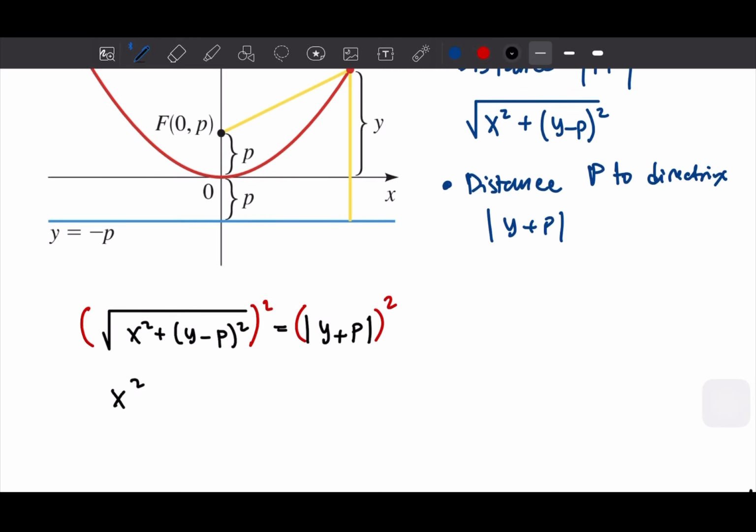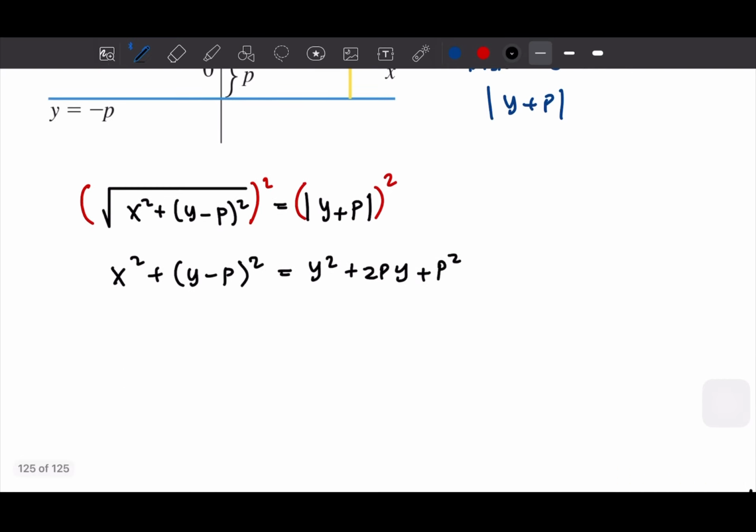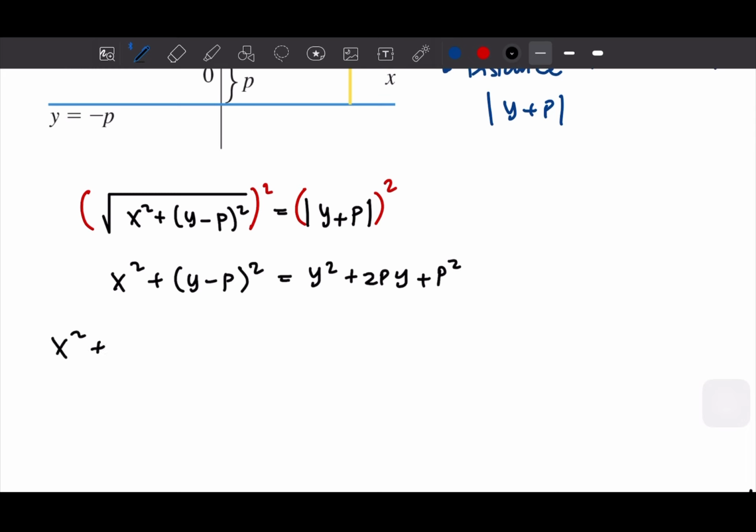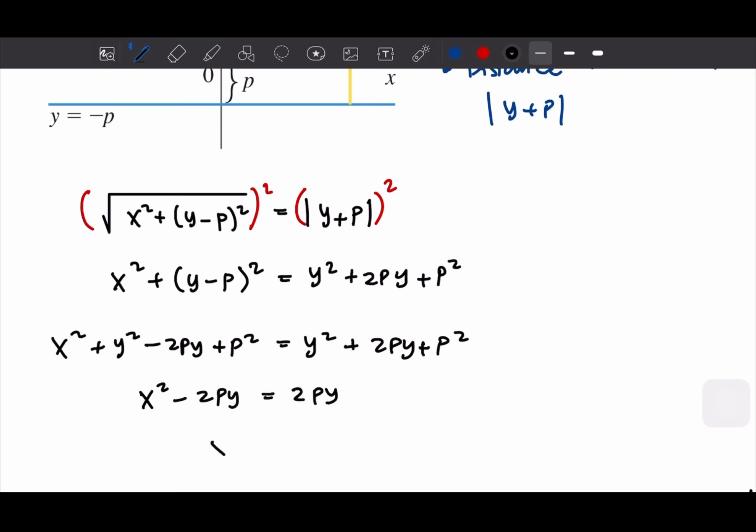So this will be x squared plus y minus p squared equals y plus p squared. Expanding, x squared minus 2py equals 2py, or x squared is 4py.